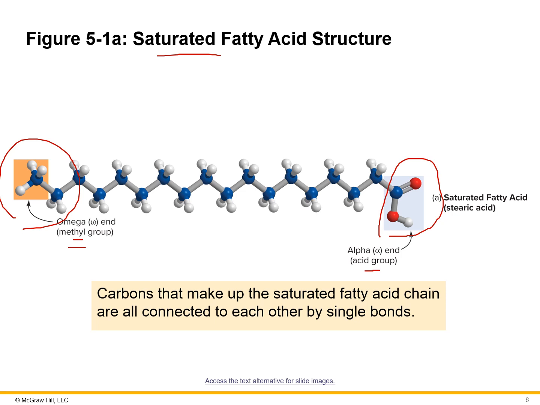But with the saturated fatty acids, what you see is they are completely surrounded or saturated with these hydrogens. So you don't see any double bonds here, just single bonds between all the carbons in this backbone.